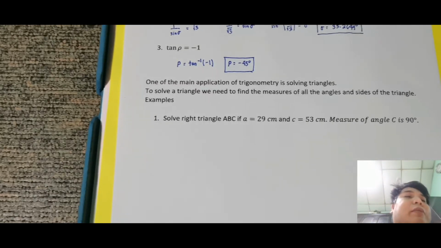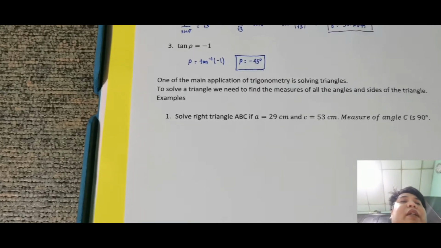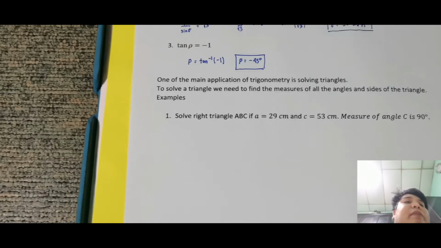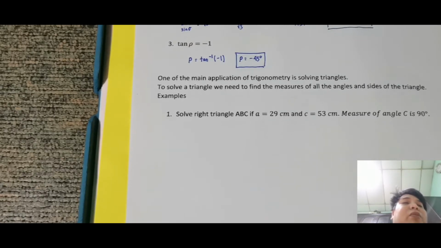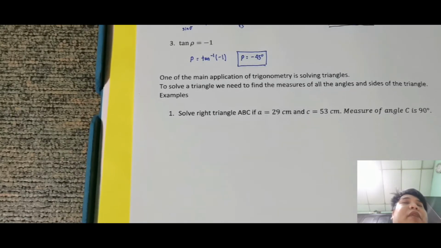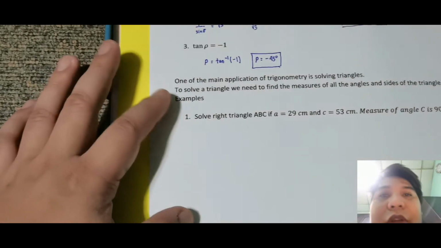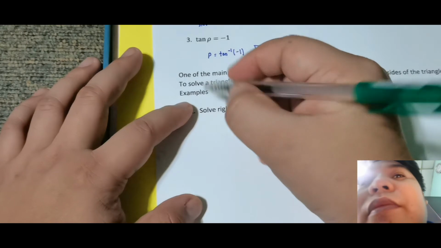Okay, so let's have number 1. Solve right triangle ABC if A is 29 cm, C is 53 cm, and measure of angle C is 90 degrees. So obviously ang 90 degrees is nasa angle C. Pag dinrawing, drawing ko lang siya, I think green mas better.